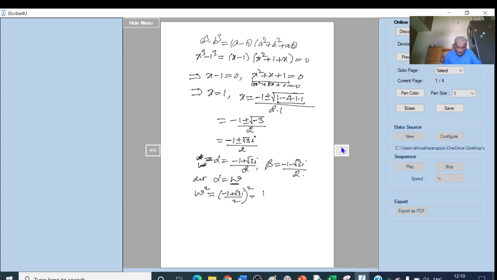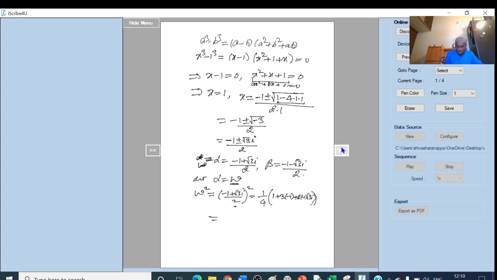This is equal to, denominator 1 by 2 squared is 4. Expanding this (a + b) whole square, a square is (-1) square which is 1, plus b square is 3 into i square, and i square is equal to minus 1, plus 2ab, where a is minus 1, b is root 3 into i.